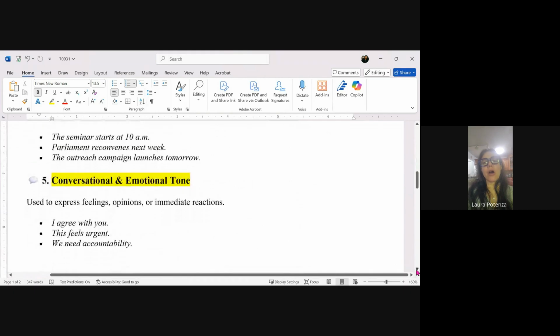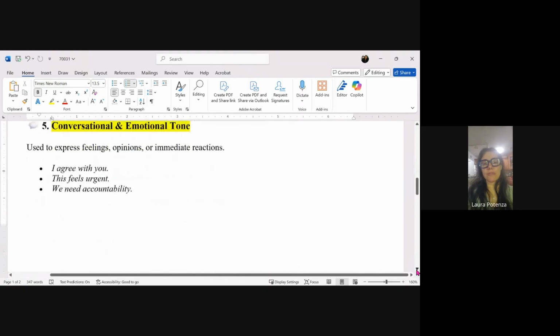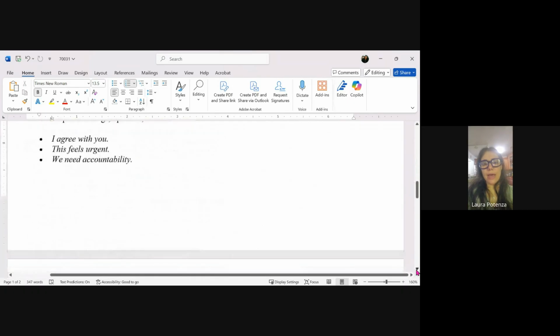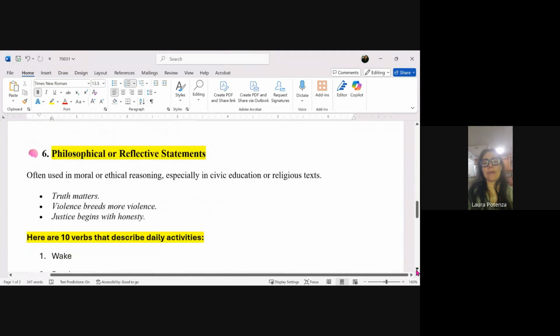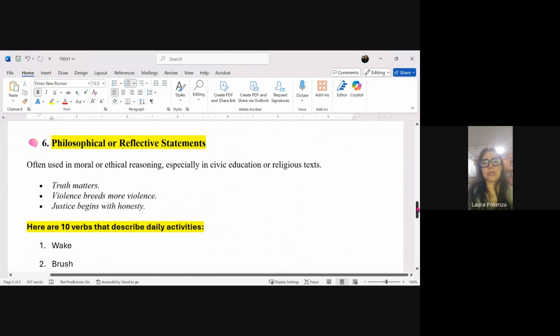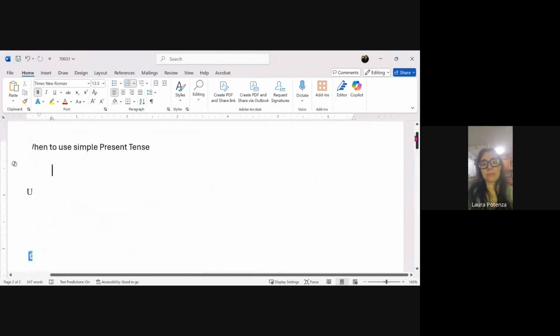Then you have conversational and emotional tone, and that's used to express feelings, opinions, or immediate reactions. And then you have the sixth, philosophical or reflective statements, often used in moral or ethical reasoning, especially in civic education or religious texts.